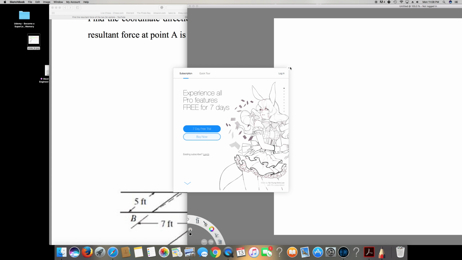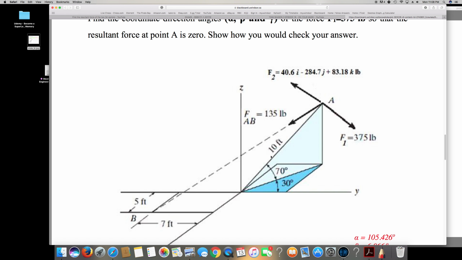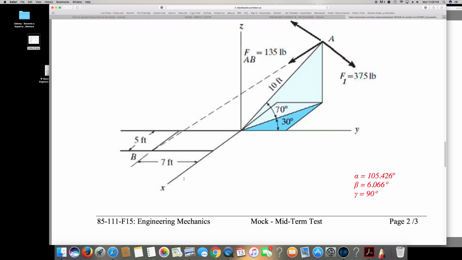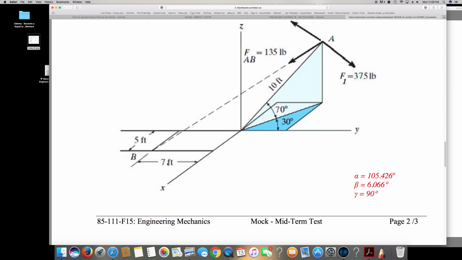First of all, if I take the B components, it's going to be from X. Here's X. From X, B is 5 feet long. So B is 5i, and in the y direction it's 7 feet long, but in this case it's opposite to the y direction because y is labeled here.